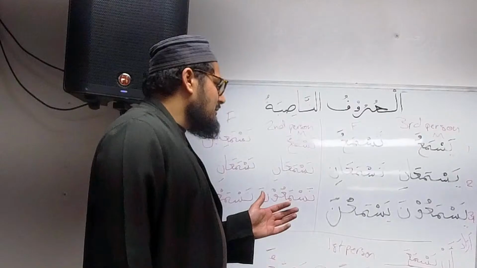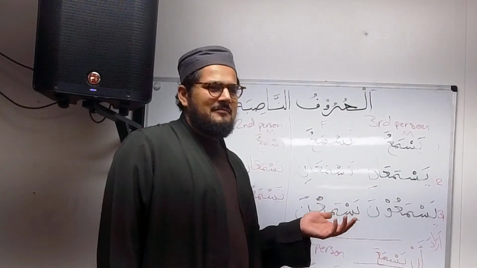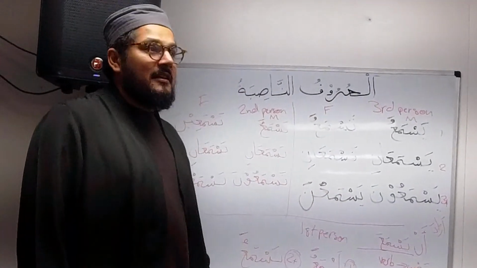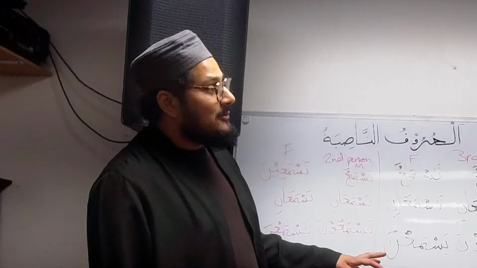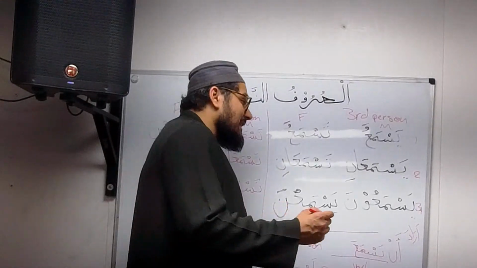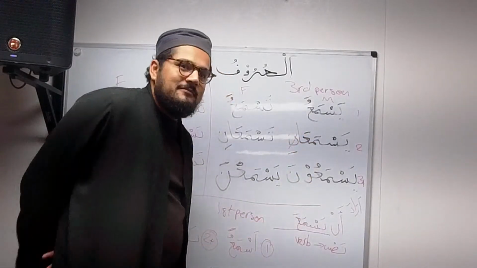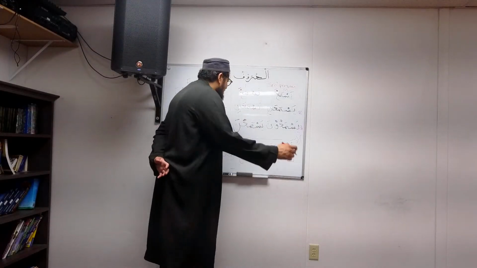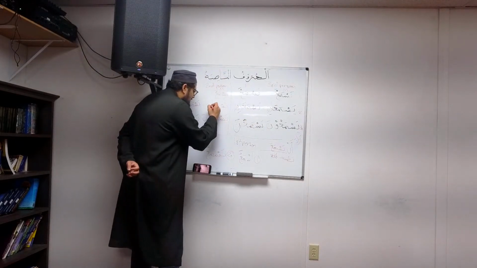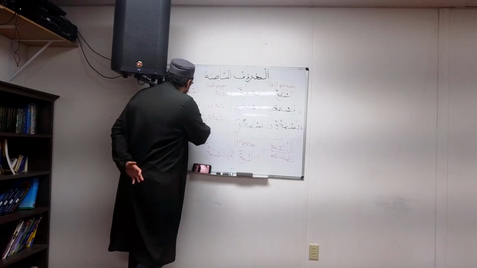However, if the word ends in ani, and what type of words end in ani? Duals. If it ends in ani, the nasab state is not about giving that noon a fatha. The nasab state appears by making that noon disappear.